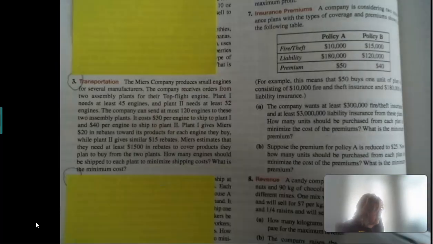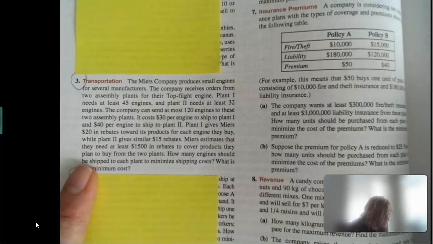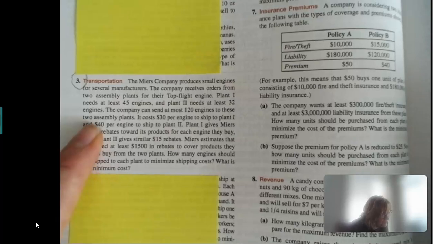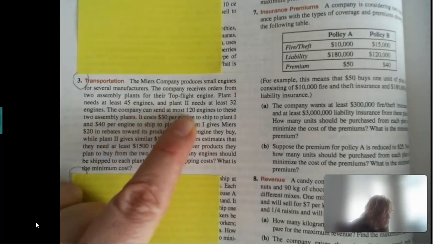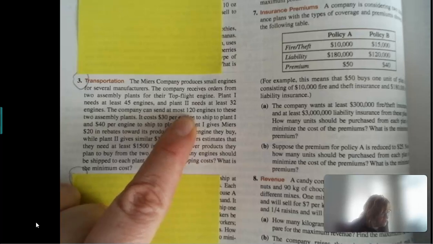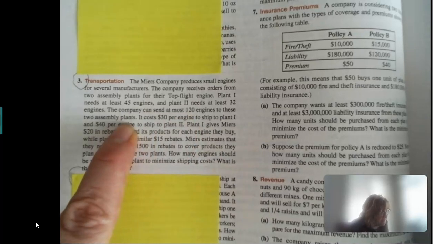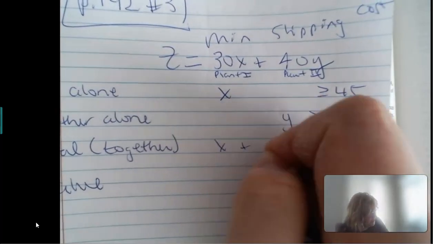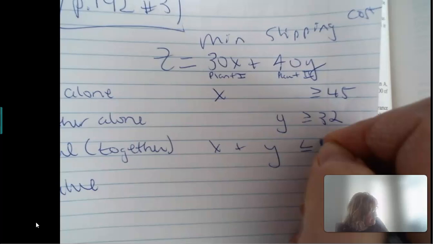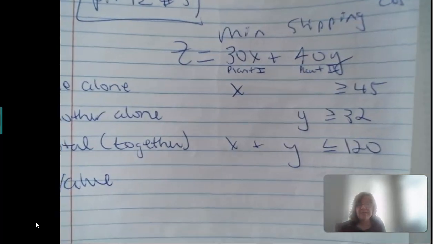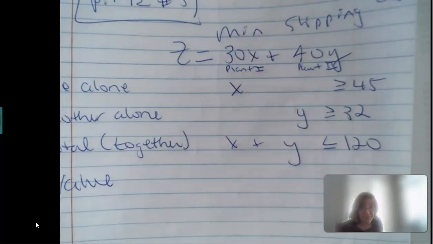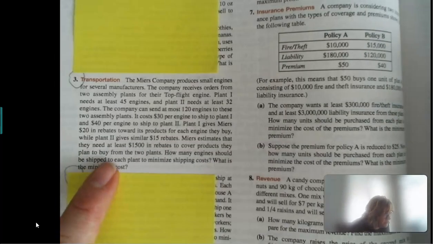Now, what about together? Well, where does it talk about them together? The company can send at most 120 engines to these assembly plants, 120 at most. So this is together, X plus Y. Now, this is less than or equal to 120 because this is at most what they can do. And then the value is they have these rebates.